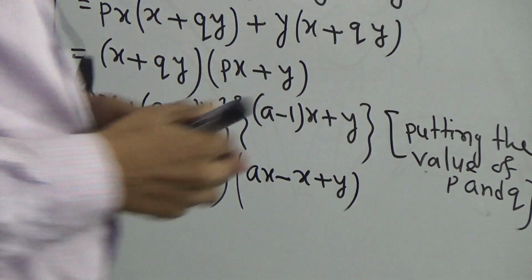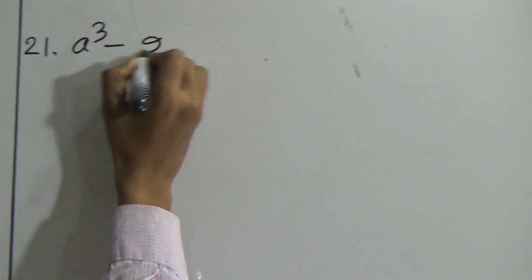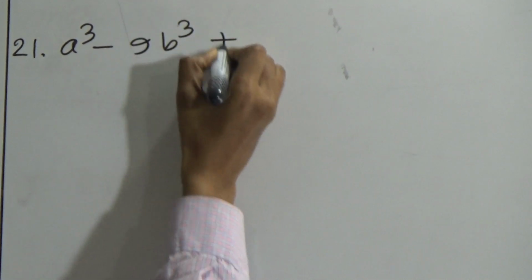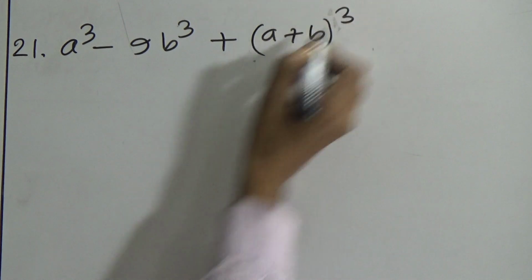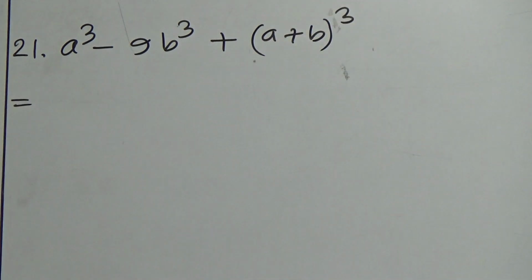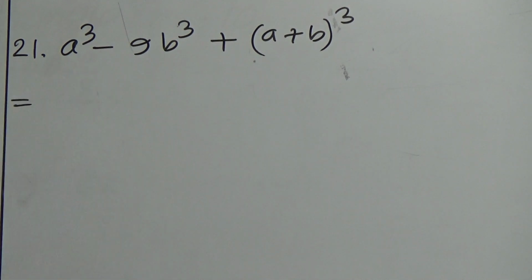Now I will solve question number 21. Look, question number 21 is a cube plus (a plus b) whole cube. Student, notice this question is very important for your exam.